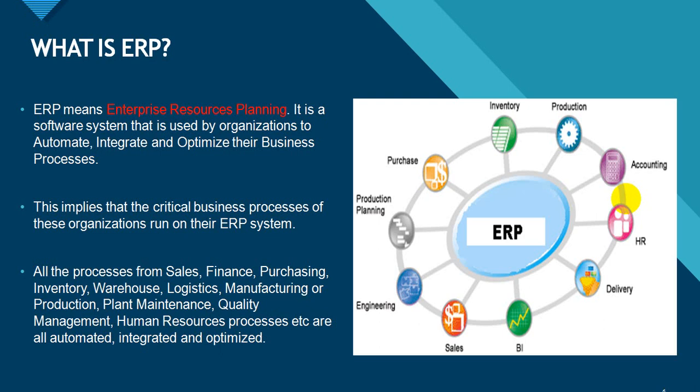This implies that the critical business processes of these organizations run on their ERP system. All processes from sales, finance, purchasing, inventory, warehouse, logistics, manufacturing or production, plant maintenance, quality management, human resources processes, etc. are all automated, integrated, and optimized.